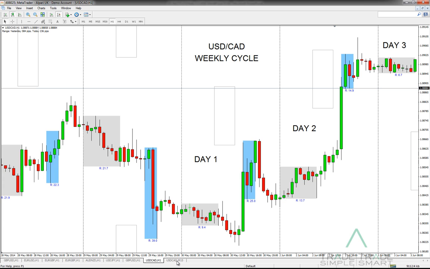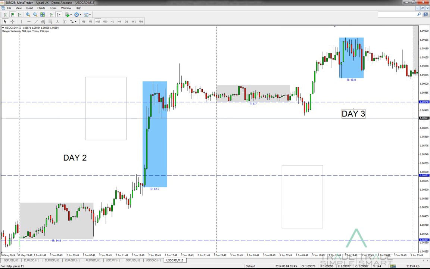And once we have identified our areas of support or resistance where selling pressure from retail traders may come in, once we have recognized manipulation, which we can see clearly here, we can then buy into the market and trade in line with the smart money weekly and intraday trend.